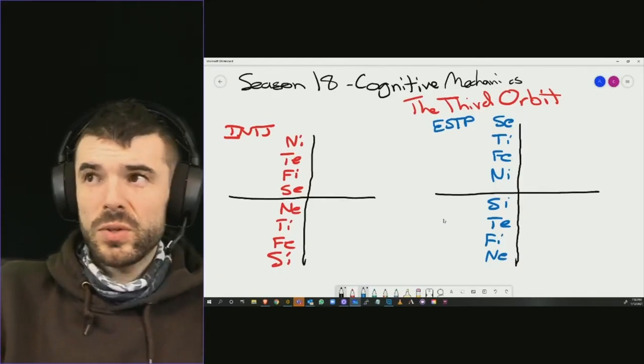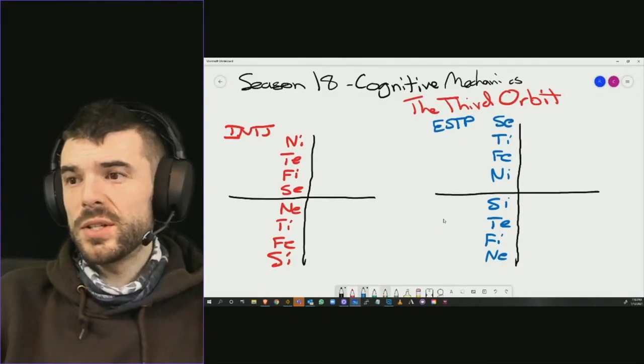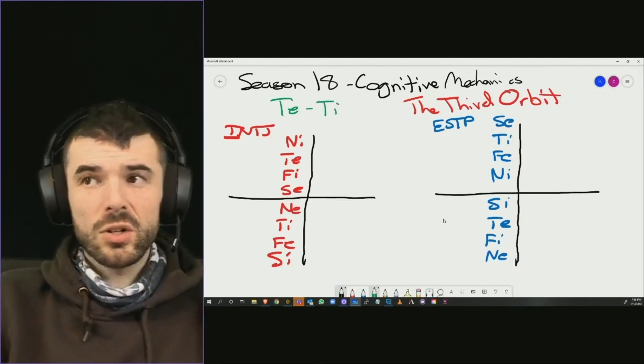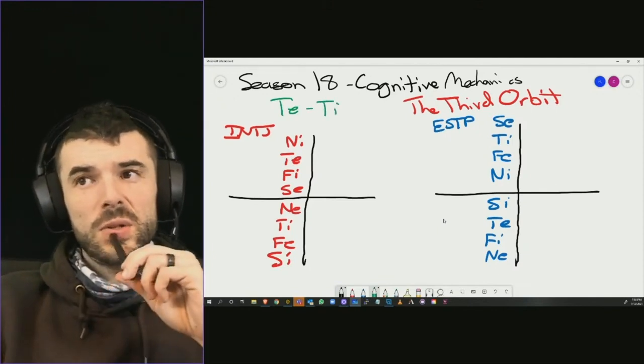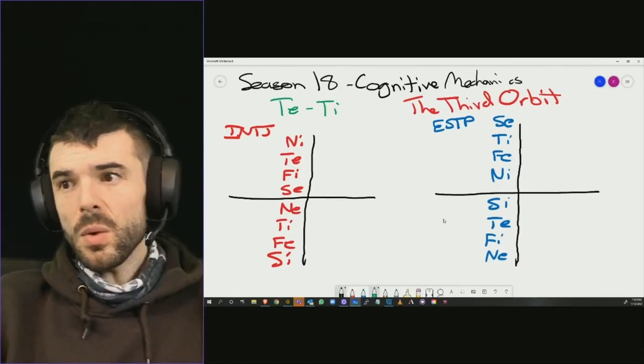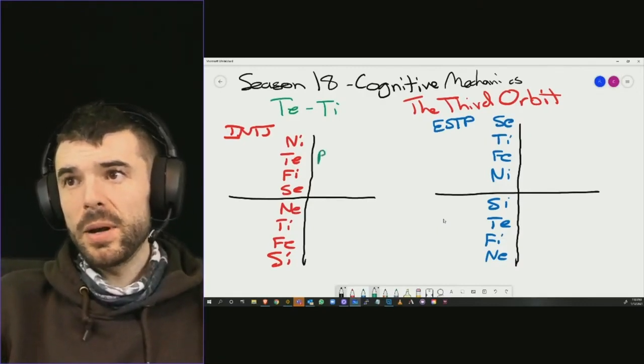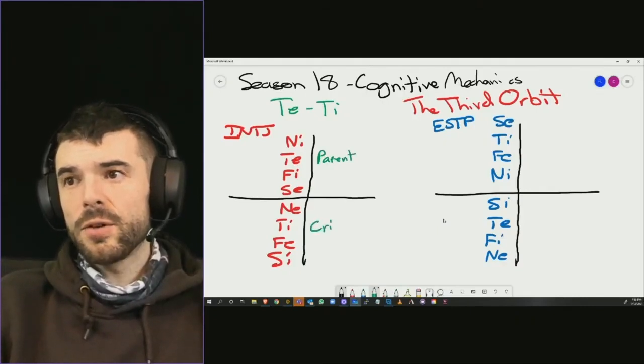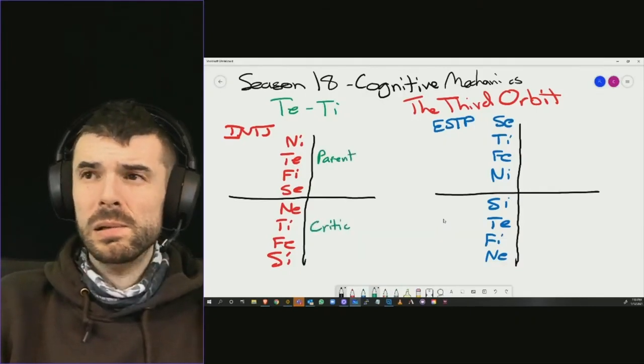So remember, folks, we're discussing extroverted thinking to TI and what this specific orbit actually looks like. Now, the reason why I chose these two types is because when you look at these two types, you have a parent function here, and then you have a critic function here.